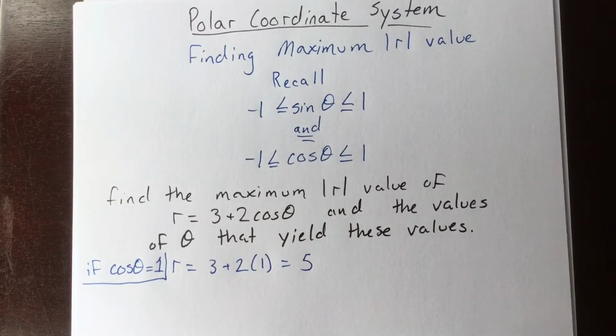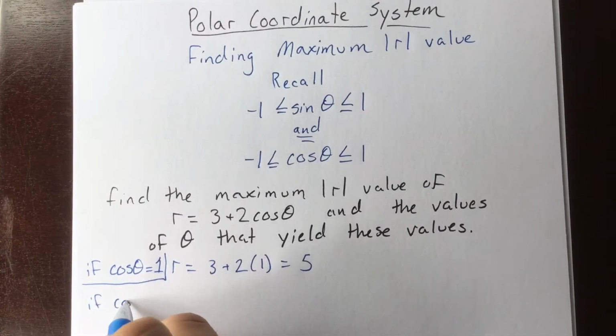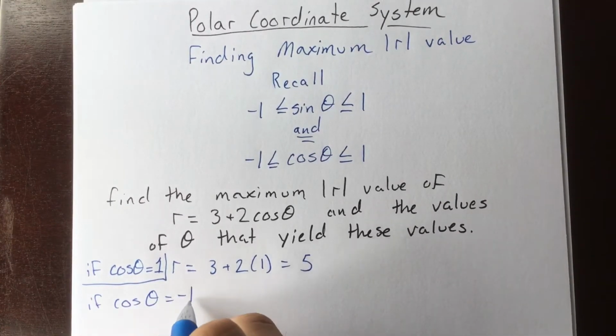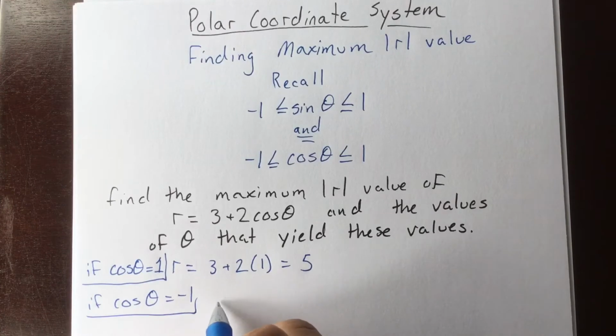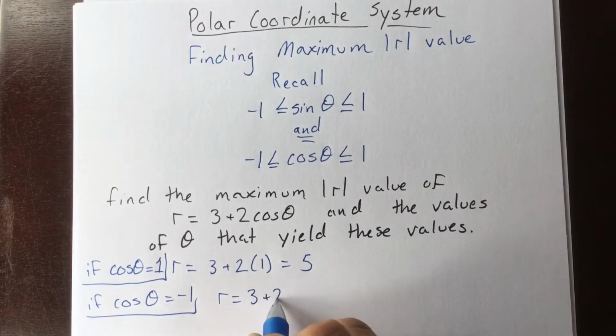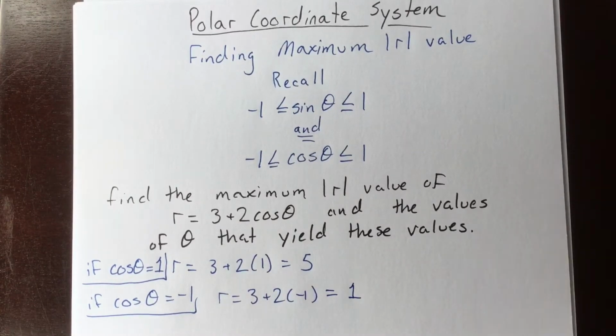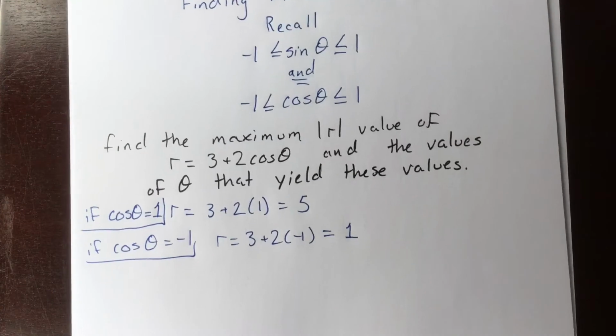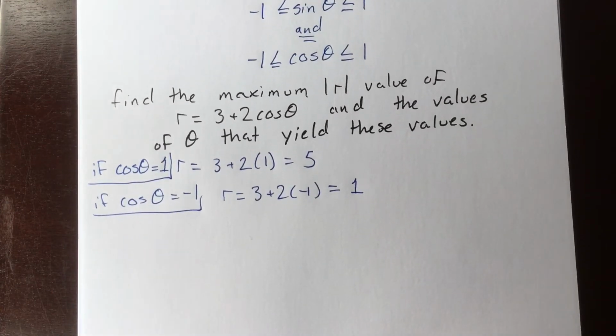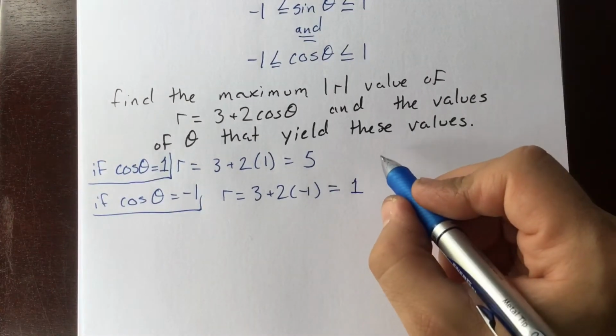All right. And let's test if cosine theta equals -1. Okay, so R equals 3 plus 2 times -1. That's going to be, well, +1. Okay, so this would say that the maximum R value is 5.